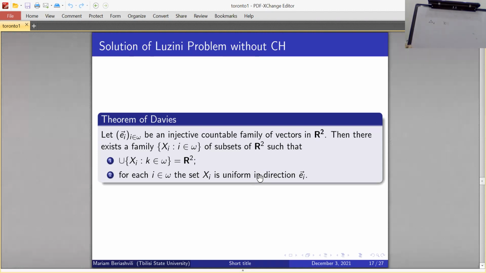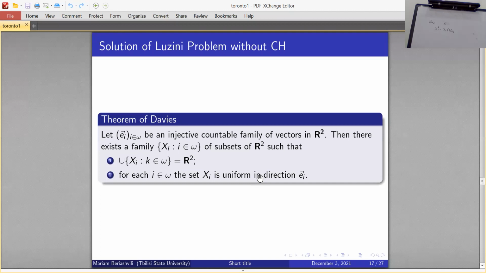Now let us introduce the notation X_i star, being the intersection of X_i with delta Q, where delta Q is the open unit square.